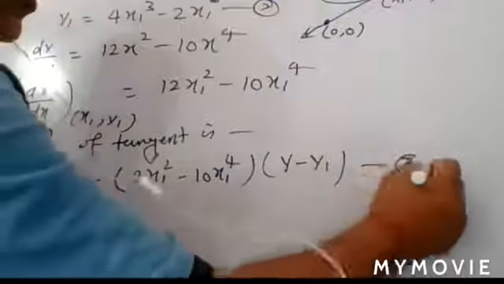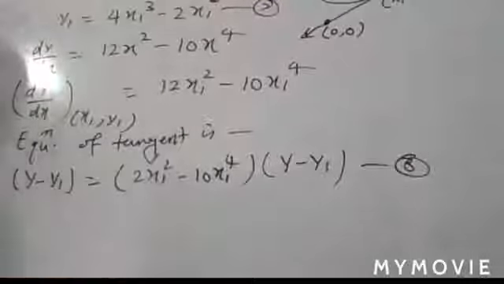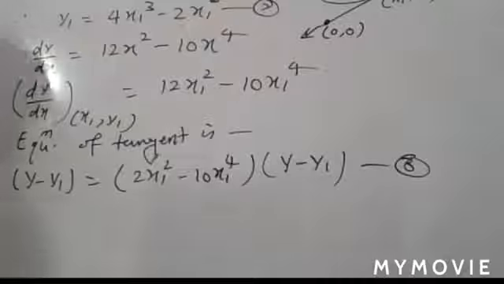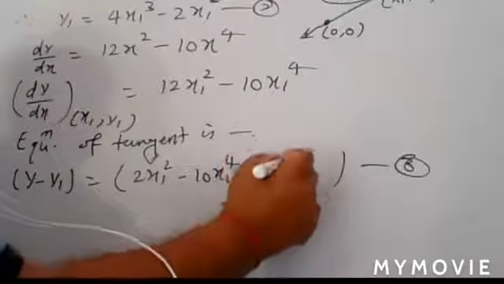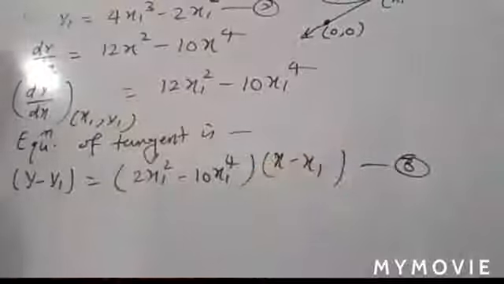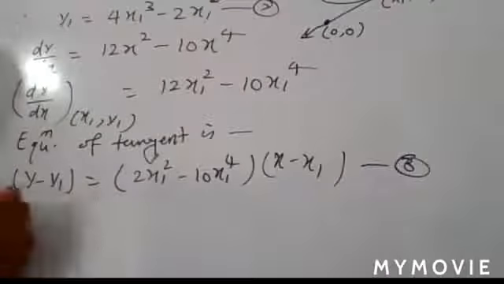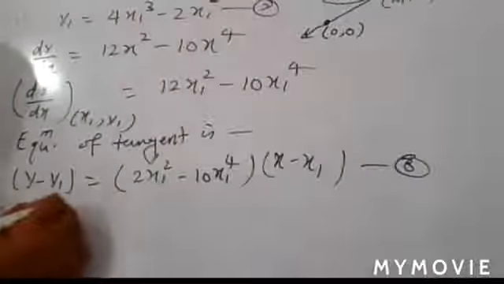Suppose that is your third equation. Here it is given that the tangent is passing through the origin.